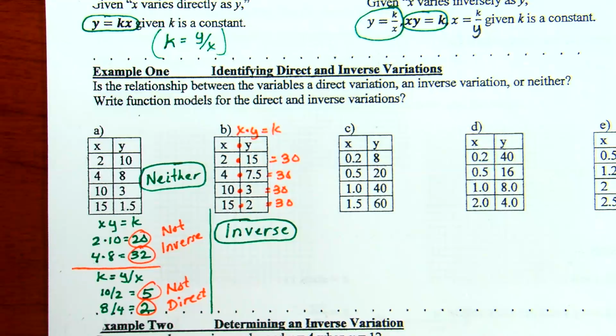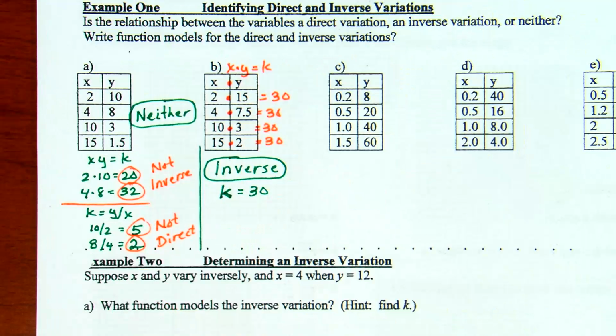Okay? So what is k? k is 30. And I don't think in this particular setup it specifically said find k, didn't ask us to state it, but it does say write function models for the direct and inverse variations.